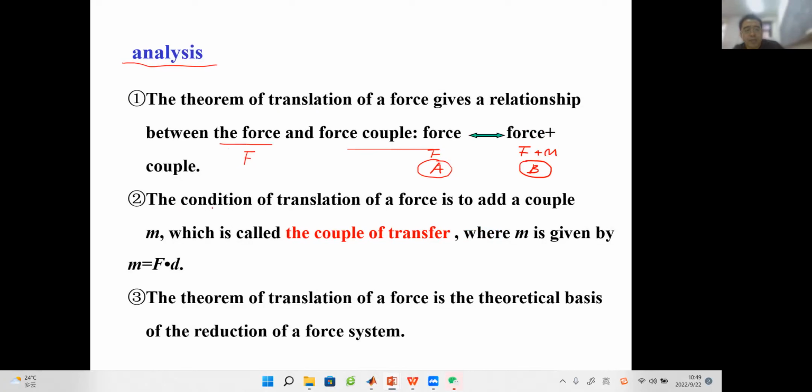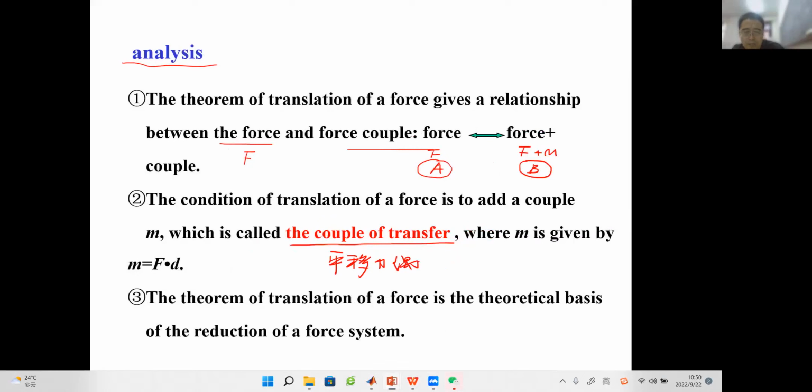Second, the condition of translation of a force is to add a couple M, which is called the couple of transfer. I think in China we call that 平移力矩 or 平移力偶. Why should we add this couple of transfer?